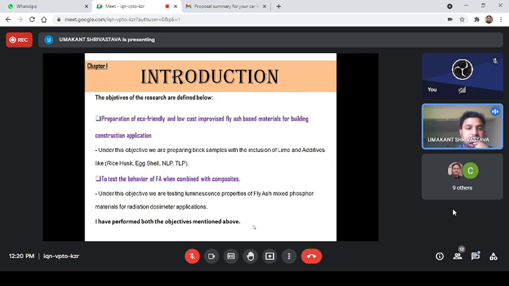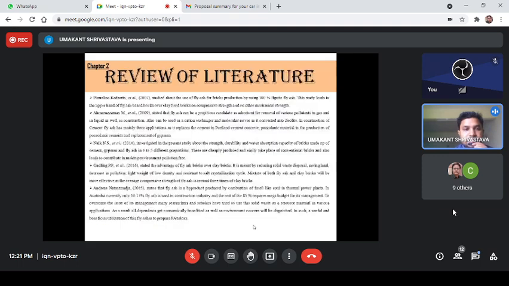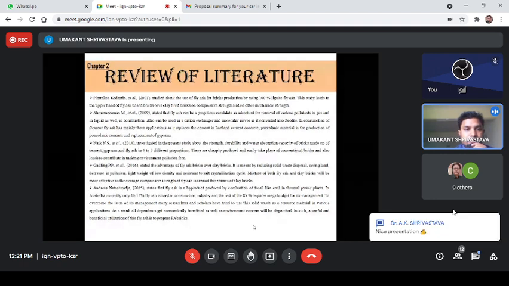Under this objective, we are testing luminescence properties, both TL and PL properties, of fly ash mixed with phosphor materials for radiation dosimetric application. In chapter 2, we are concerned with the impactful reviews taken for this work, and these are the reviews from the year 2001 to 2021.